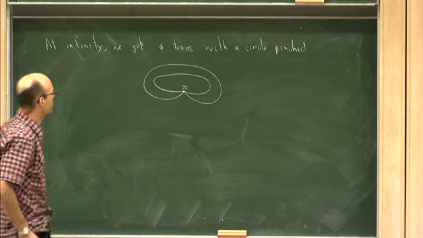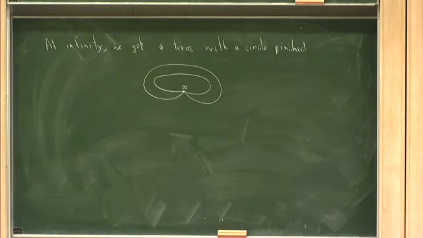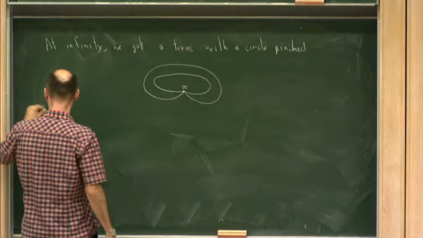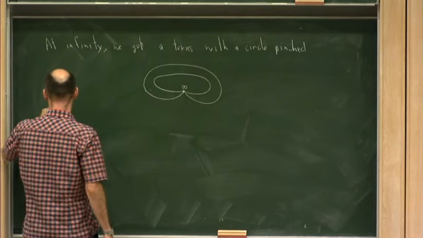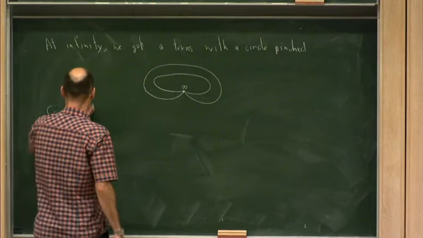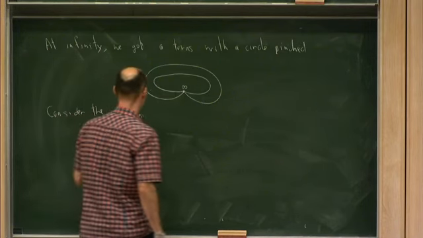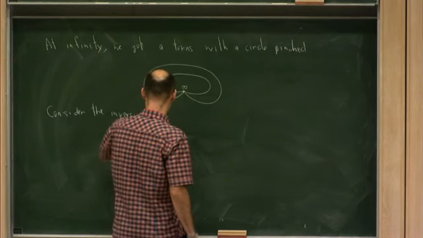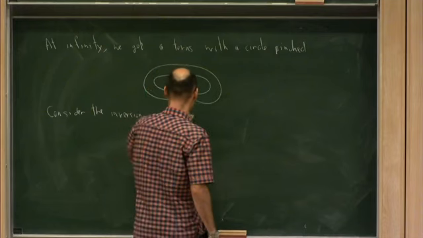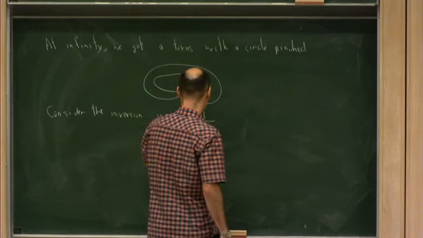Now to define the renormalized volume, it could probably be done in this picture, but it's better to do an inversion and bring this infinity to 0. So consider the inversion b plus iu equal to -1 over y plus ix.